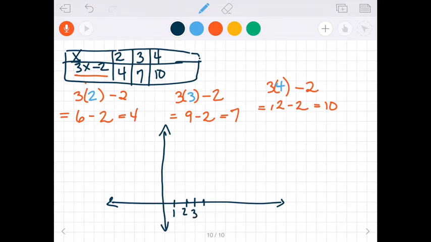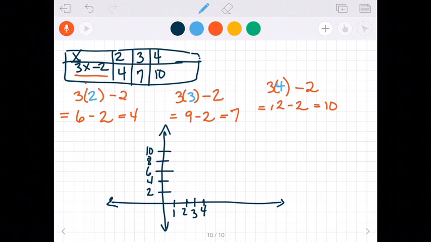That should have been a 3. And on our Y-axis, we need to be able to go up to 10. So I'm going to say 2, 4, 6, 8, 10. And we know that our in-between numbers are going to be the odd numbers.